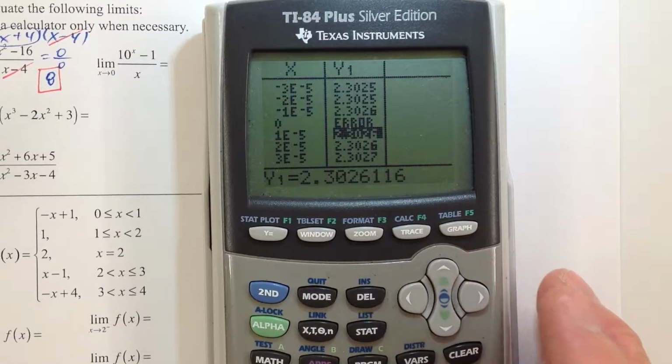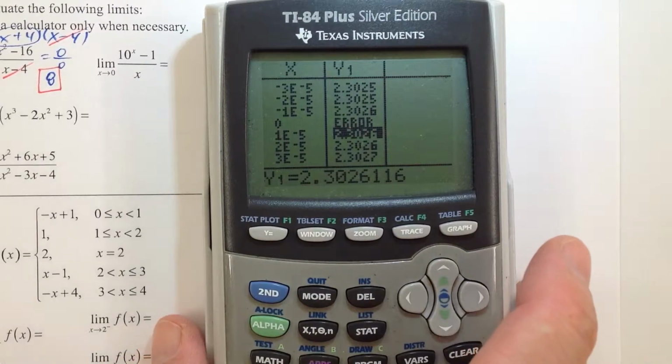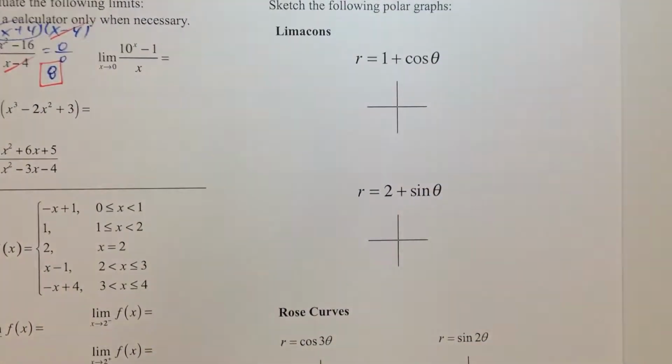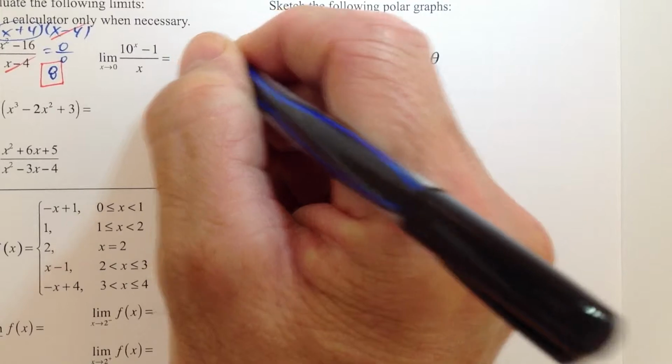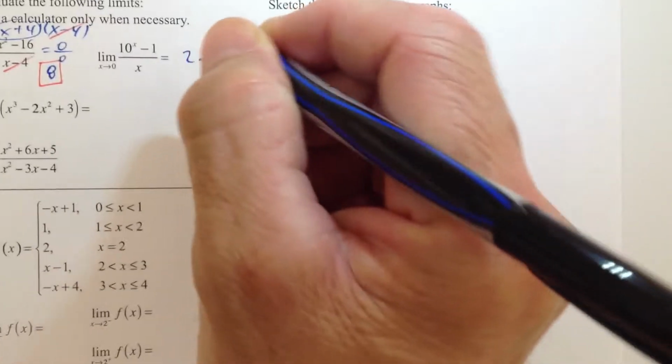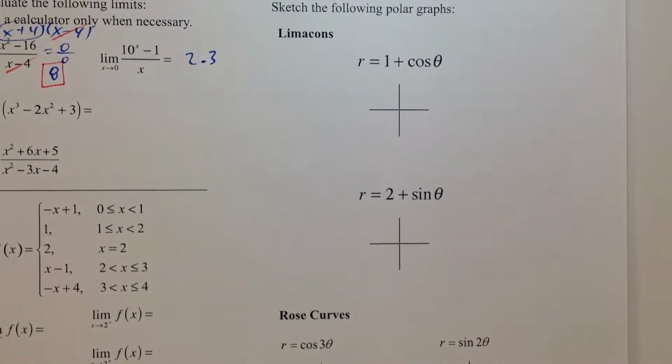So 2.303 would be the better of the two, but 2.3 would be just fine in terms of what the limit of that function is as x approaches 0.